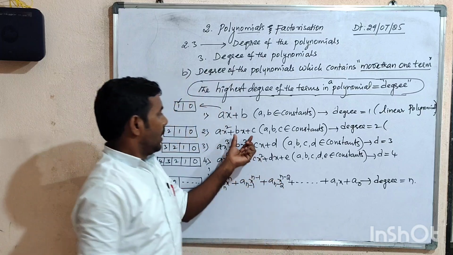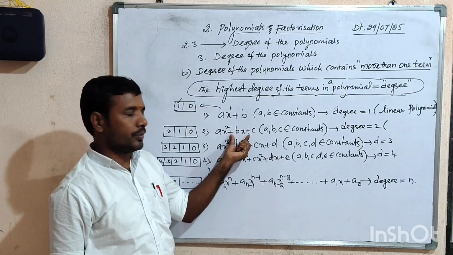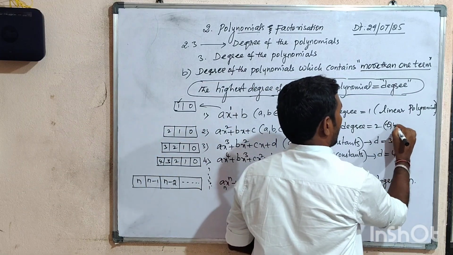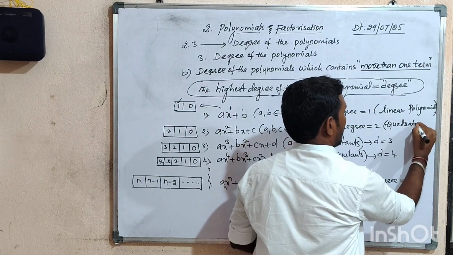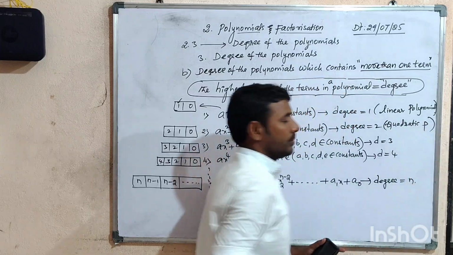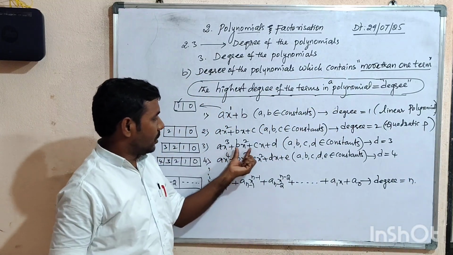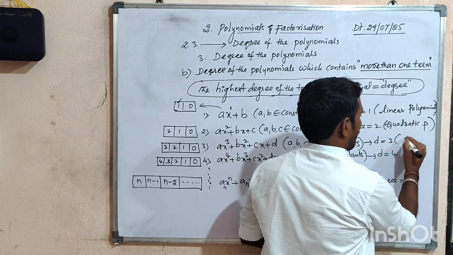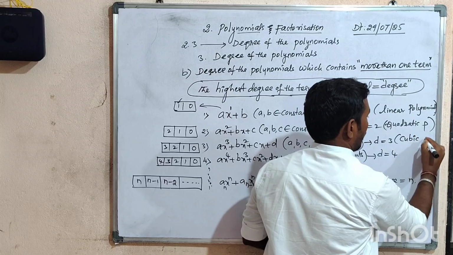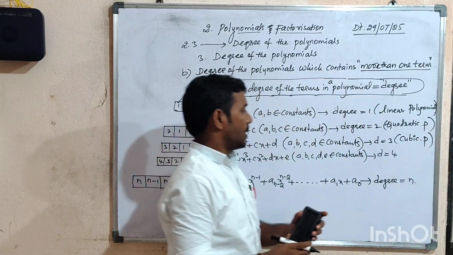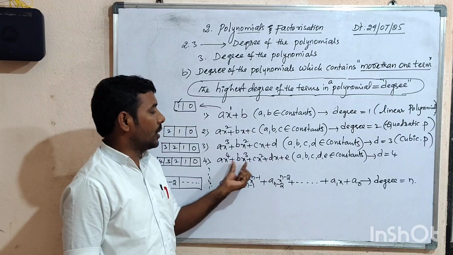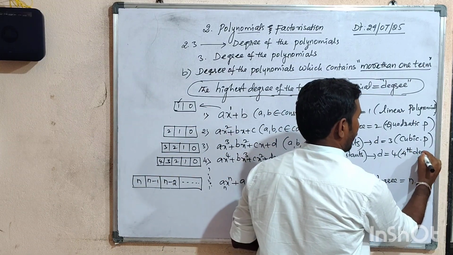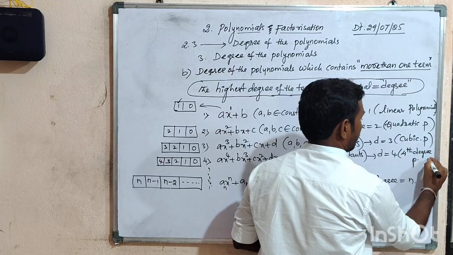Now it is 2nd degree of the polynomial, no? So for that reason its name is quadratic polynomial. Quadratic. P indicates polynomial. Now this one is 3rd degree of the polynomial. So for that reason its name is cubic polynomial. Right? What is this? It is 4th degree of the polynomial. Its name is 4th degree polynomial.